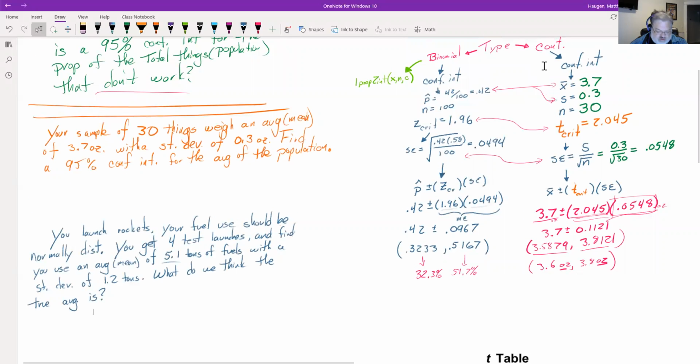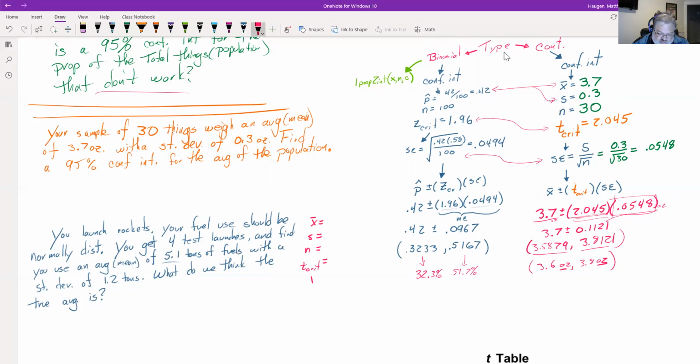So I'm going to go back up here. This is continuous data. We're talking about averages, we're talking about fuel usage, so it's not yeses or nos. So we're in that continuously distributed data column there. So that means we need to make sure we identify our X bar, our standard deviation, our sample size, our critical value, which is going to be, again, a t.